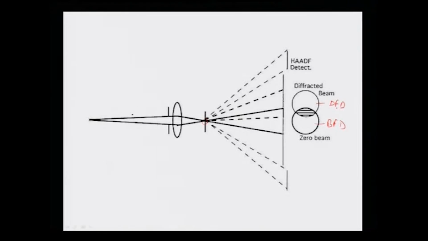As the collection efficiency is high for dark field, image quality is better. In many cases resolution is also better, because the beams coming out after diffraction contain information of very high resolution.